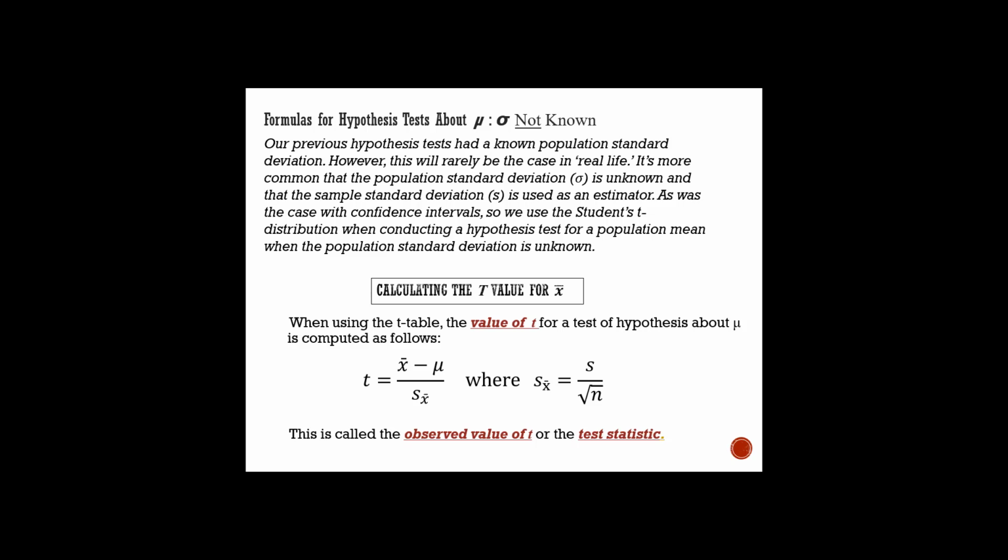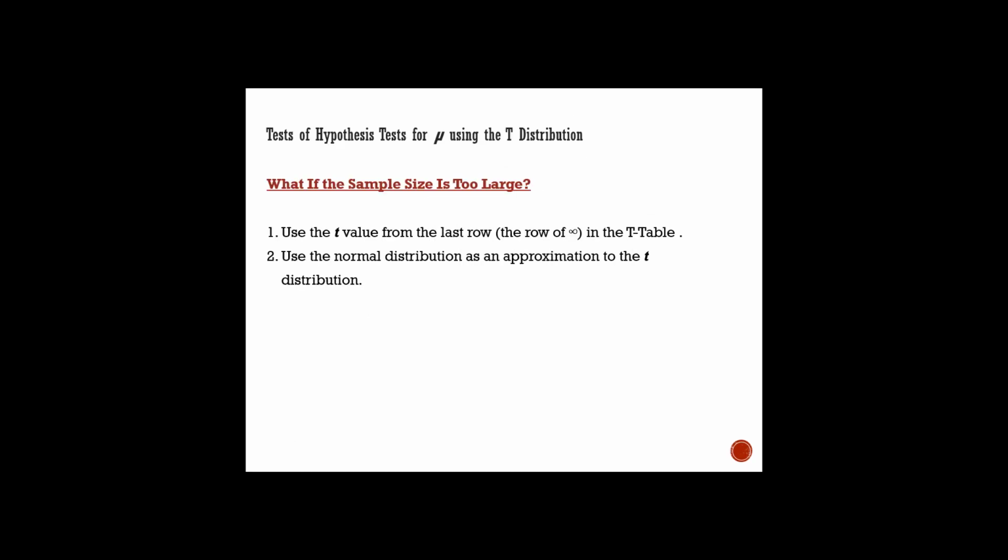It's going to be the sample mean minus the population mean, and we will divide by a standard deviation that we adjust by taking the sample standard deviation and dividing by the square root of the sample size, just like we did for confidence intervals. Now, what if the sample size, you know our limitations with our t-table, what if the sample size is too big? Well, then you use that last row, the infinity row in the t-table, or you could use the z-table as an approximation to the t-distribution.